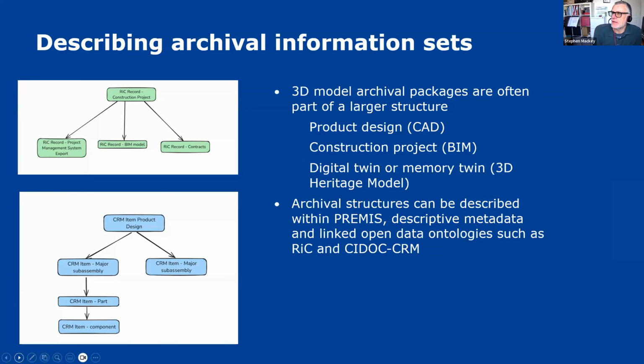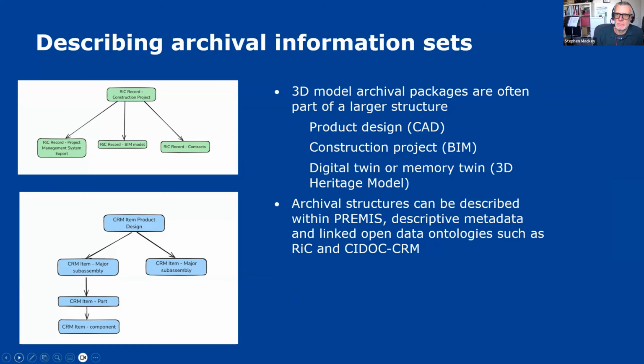And I've got a description there, just a quick illustration of that, in that both Records in Contexts and CRM have common elements where you can actually use them together, but also importantly, you can use these ontologies to describe relationships between archival packages.